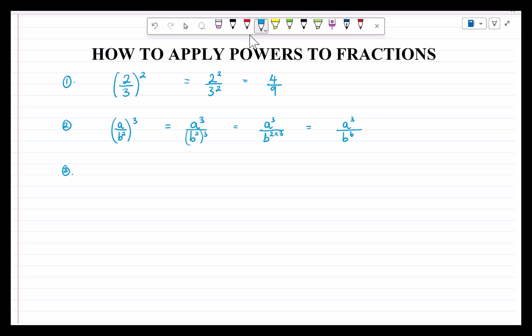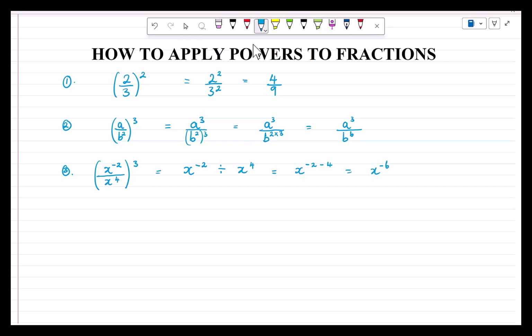And then example number 3, we have x to the power of negative 2 divided by x to the power of 4, and this is being raised to the power of 3. Now, if we have such a scenario, we can start by simplifying what we have in the bracket first before applying the power. Remember, when we're dividing, we subtract the powers, so that would be x to the power of negative 2 minus 4, which is equal to x to the power of negative 6.